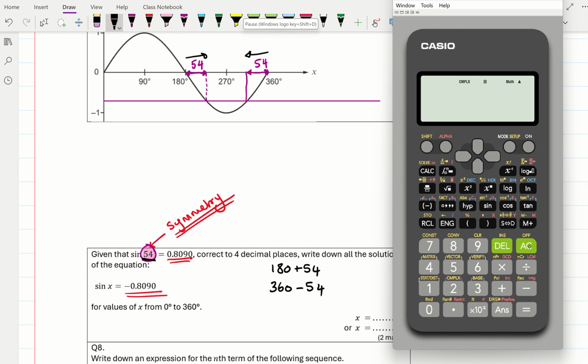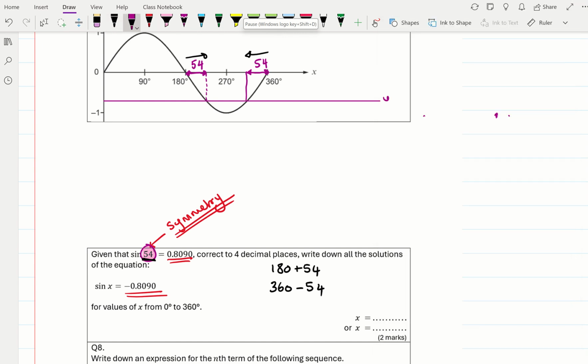Show the negative y equals line. So this is the line y equals negative 0.8090. So that gives me 234, and that gives me 306 degrees.